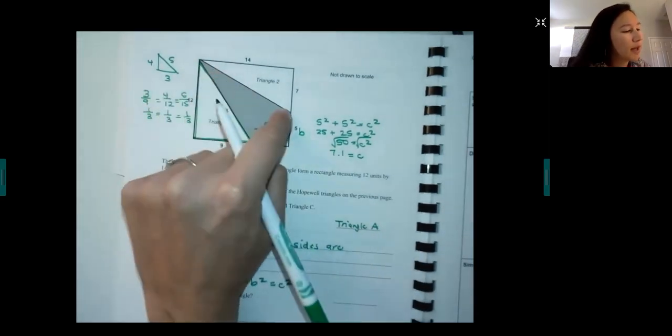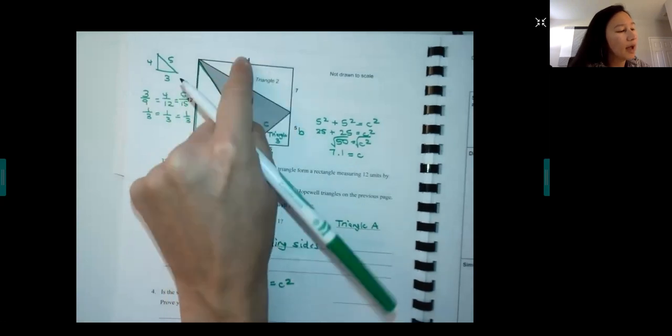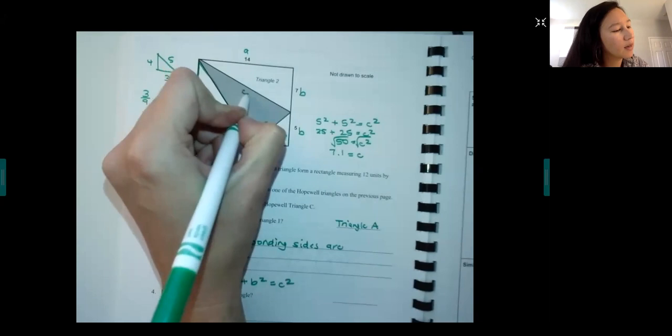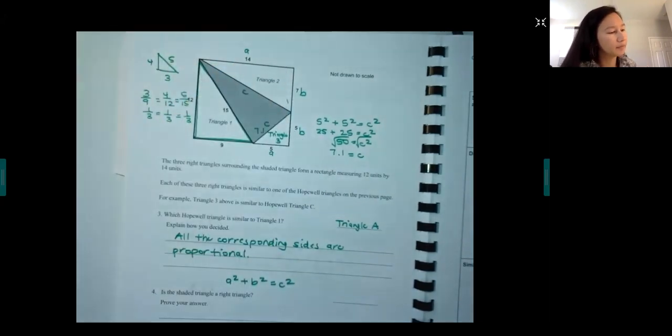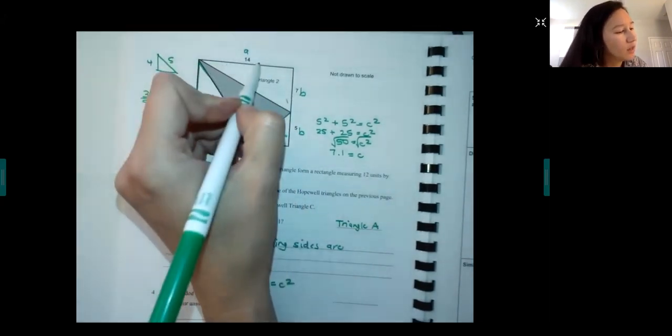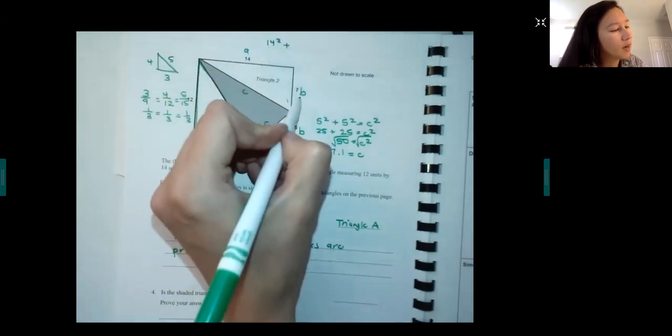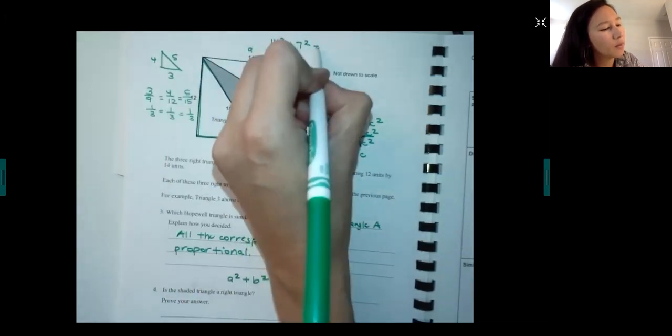Now we just need to find this side. So again, we have A and B, and we need to find this side, C. So 14 squared, that's A squared plus B squared, which is 7 squared, equals C squared.